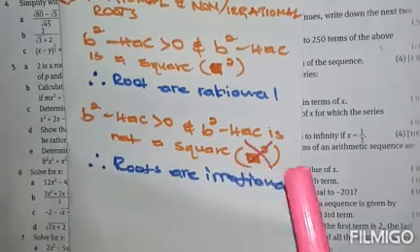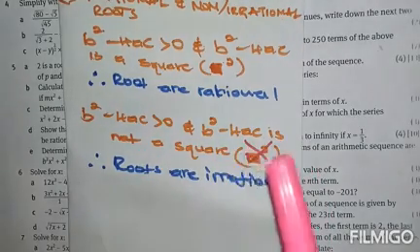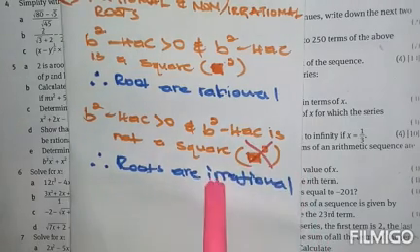For example, if we have 11 or 10, our roots are irrational.